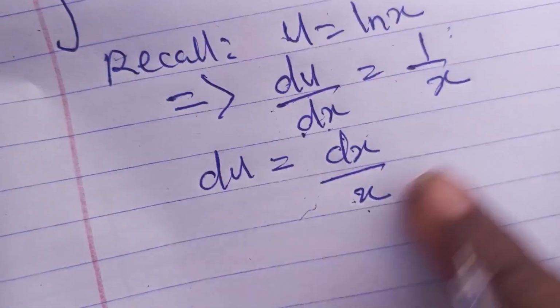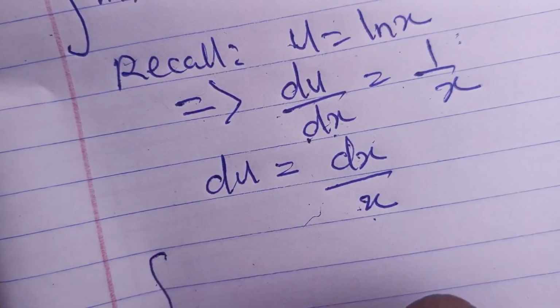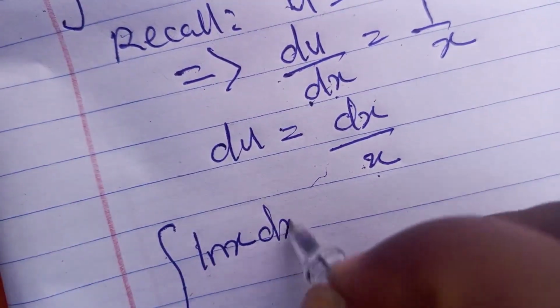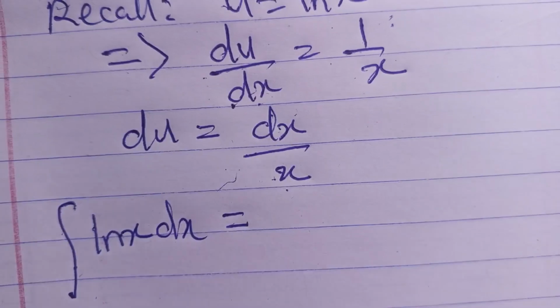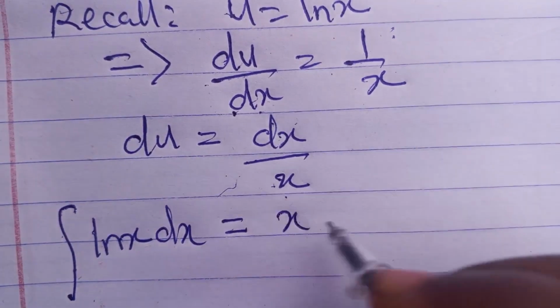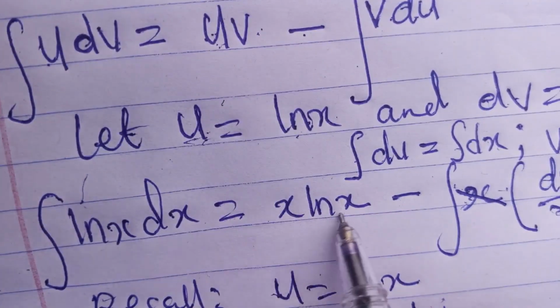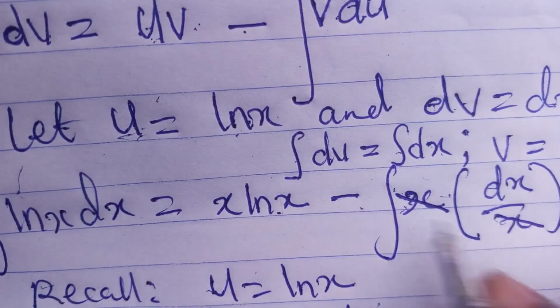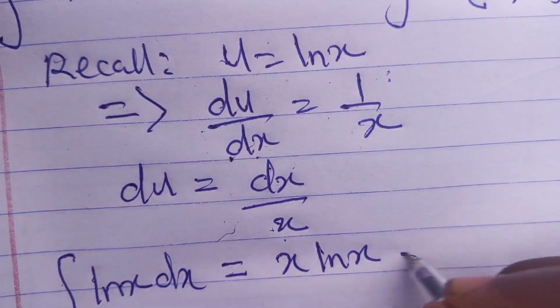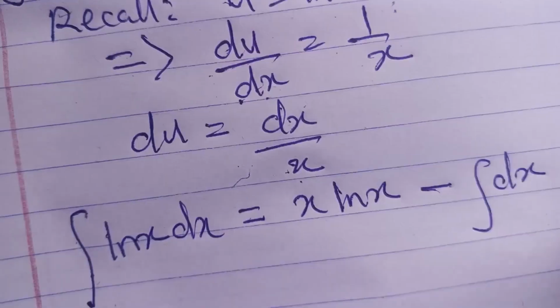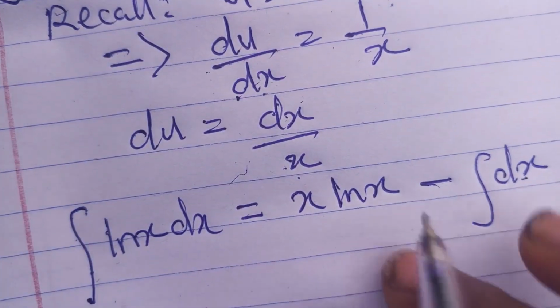Then you go further by saying the integral of ln x dx equals x ln x from here, then minus, this cancels out, minus the integral of dx, and the integral of dx is x.